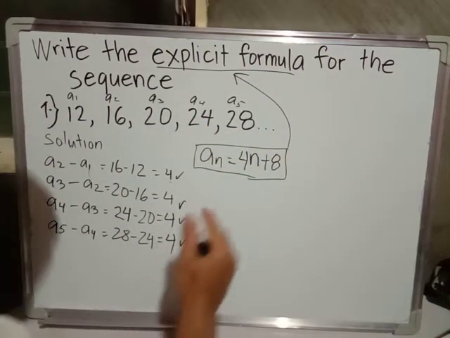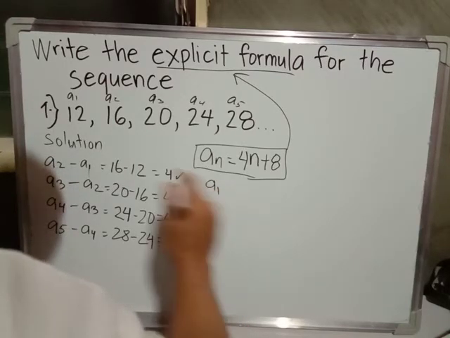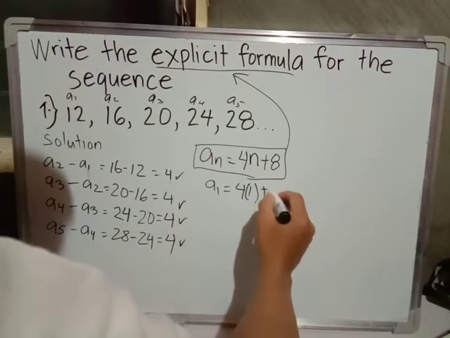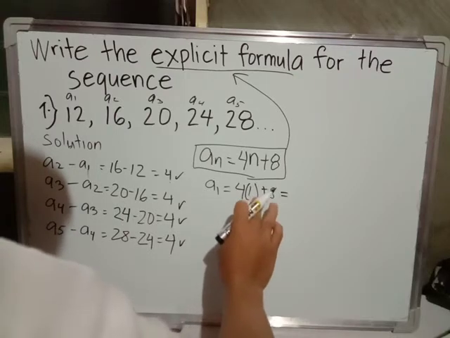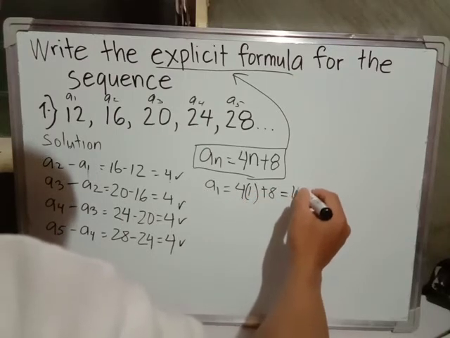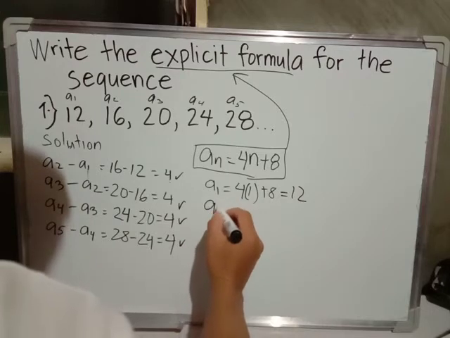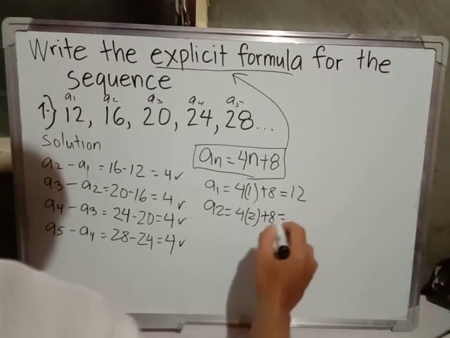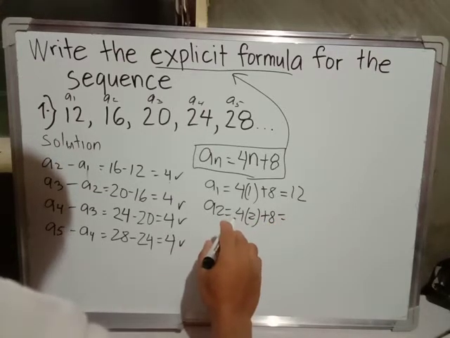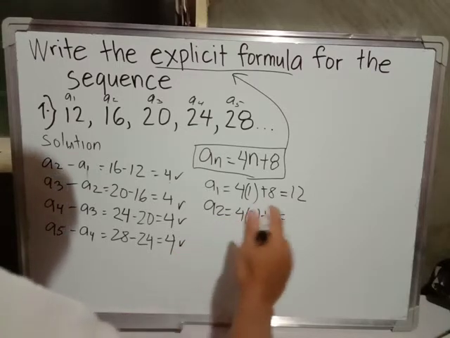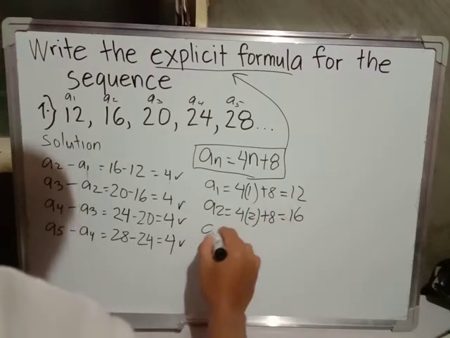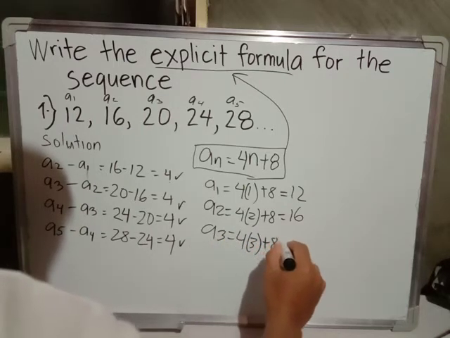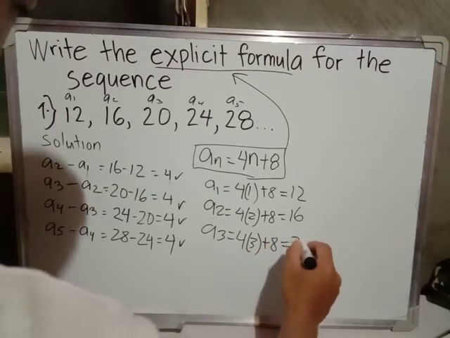Okay, let's check. E1, first term, is equal to 4 times 1 plus 8, which is 4 plus 8, which is 12. E2 is equal to 4 times 2 plus 8, 8 plus 8, which is 16. E3 is 4 times 3 plus 8, 12 plus 8 is 20.